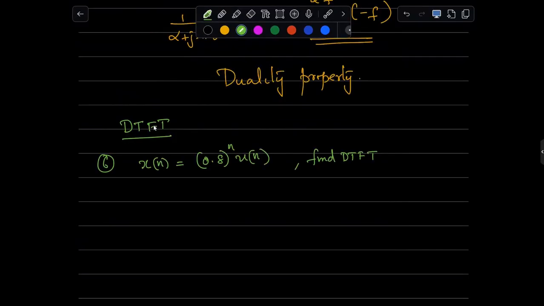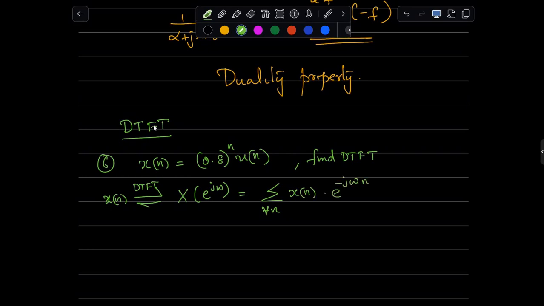If x of n has the discrete time Fourier transform, DTFT, which is X of e power j omega, what is the formula? It is the summation over all n of x of n times e power minus j omega n.